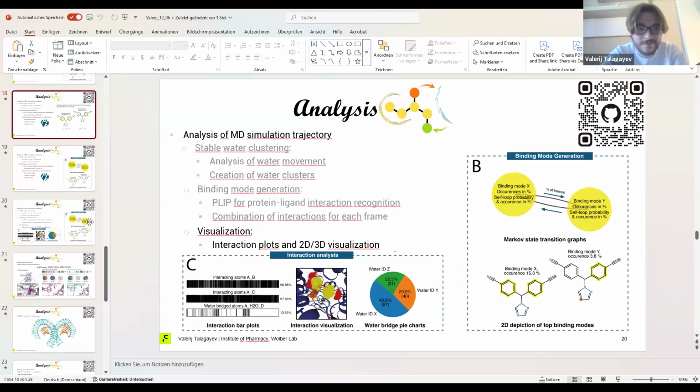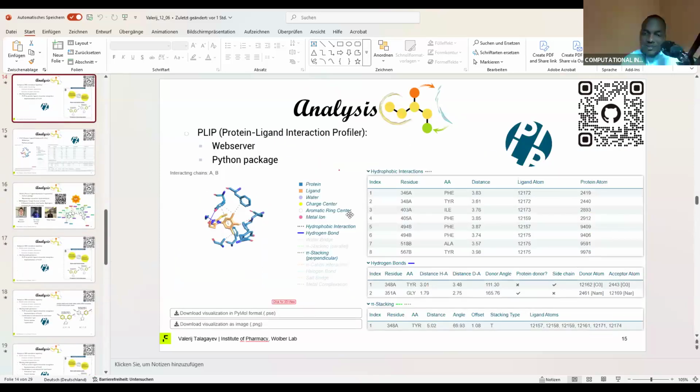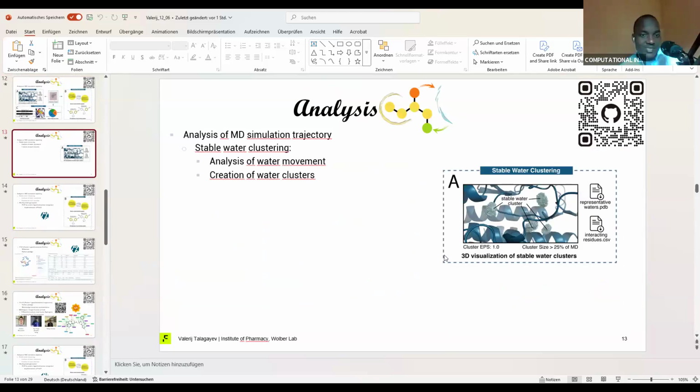Because I'm not so much a biologist, I'm more of a computer scientist, a software engineer, I'm wondering what the focus is in performing simulations on trying to establish stable water clusters, and what role do these water molecules play, that we have to focus on them a lot to have these clusters identified? That's where my curiosity is.